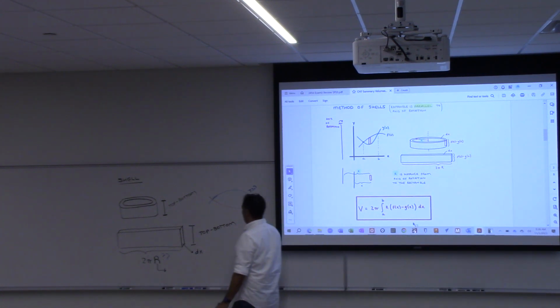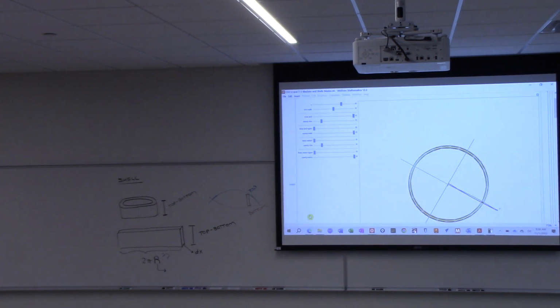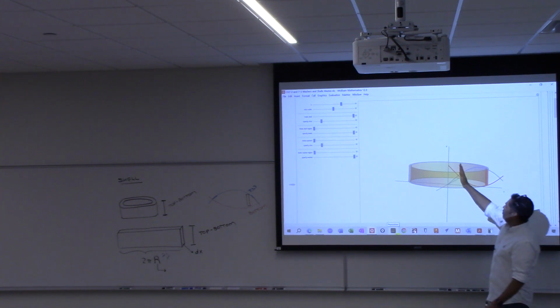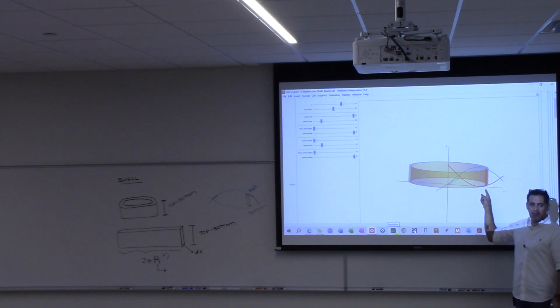So for us in this problem that I just had up here, what was that distance? Let's go back and look at this illustration here. If I swing this back up like this, what is the distance from our axis of rotation, which is the y-axis, to that rectangle? X, right?